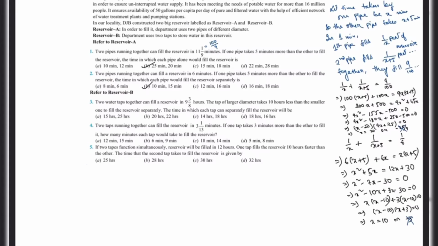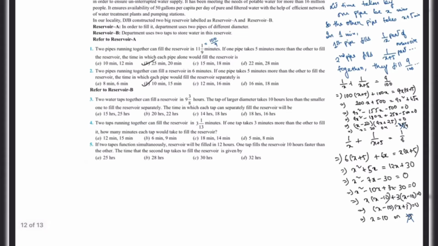Let's see reservoir B. So there are two taps that can fill in 9 and 3/8 hours. One is a larger tap and one is a smaller tap.